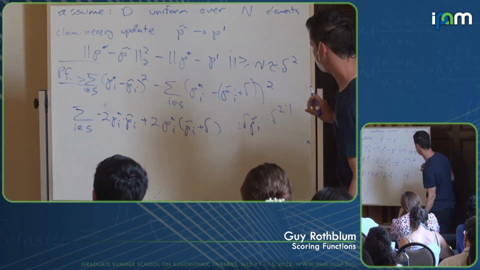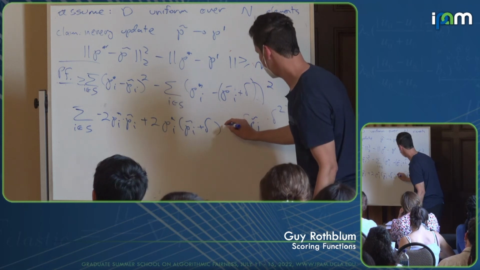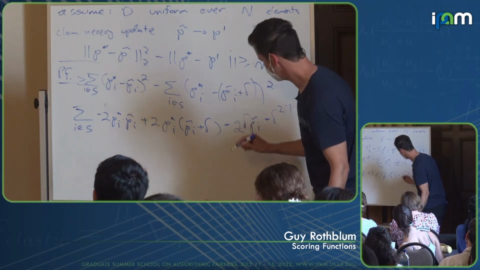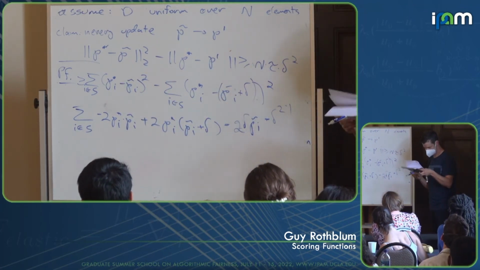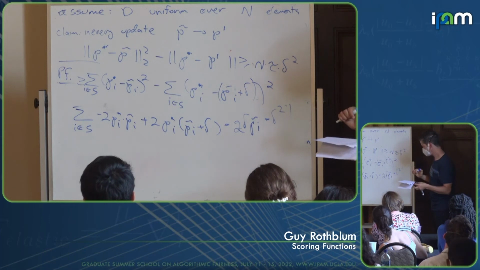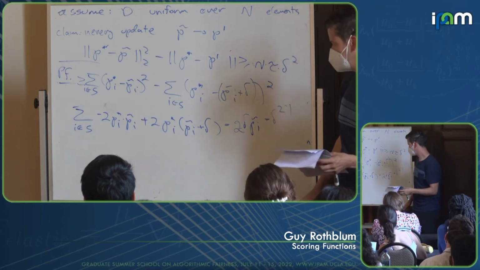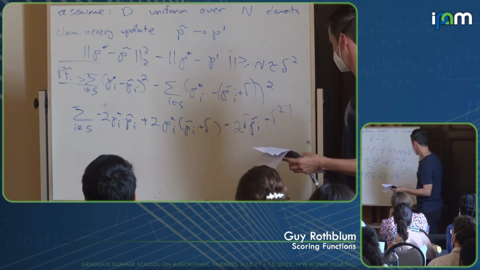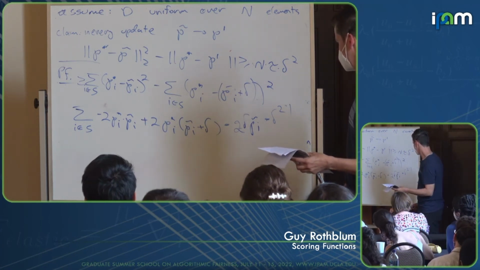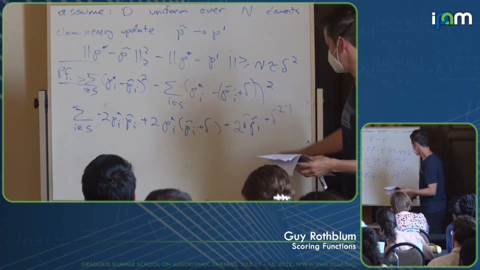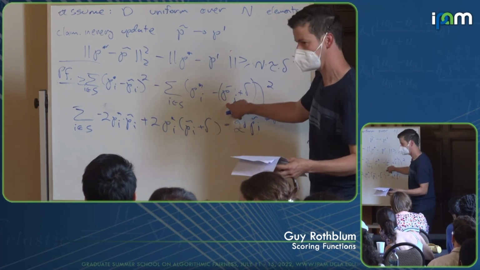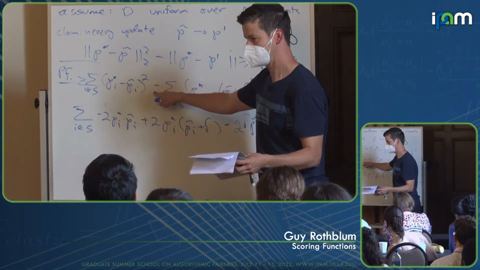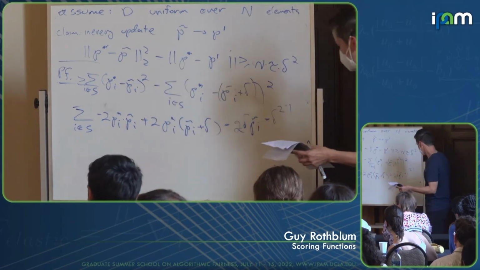So minus and minus, right? Someone going to keep me honest? Yeah. So here I would have a plus, right? Plus this whole thing squared. And then I have a minus here. I think it's right.